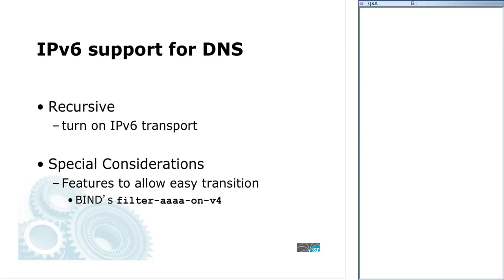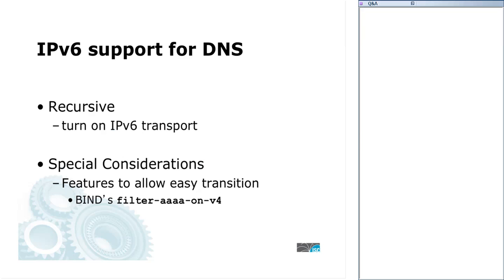There are other special considerations as well with DNS supporting IPv6. Bind has one specific feature that allows an easier transition from IPv4 to IPv6, and that is the feature called filter-aaaa-on-v4.